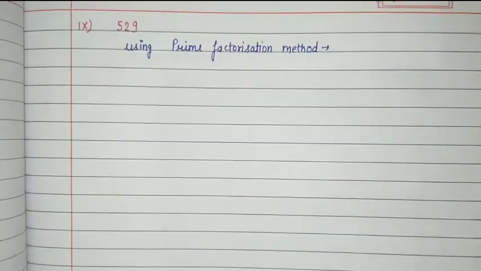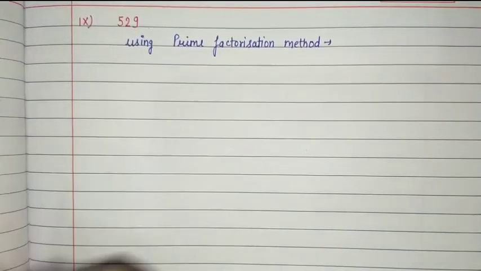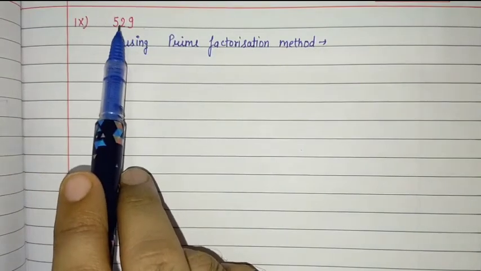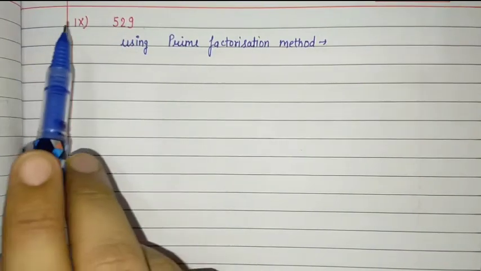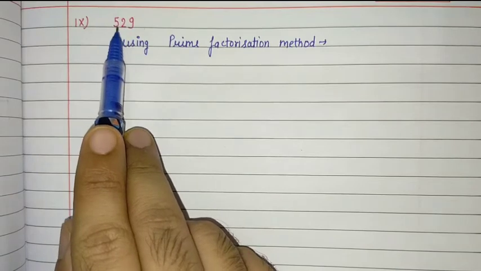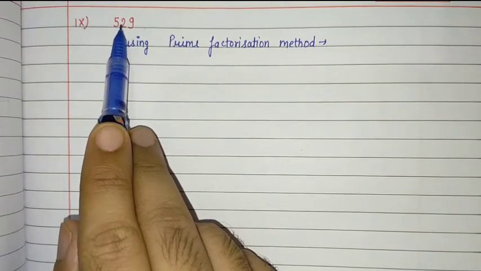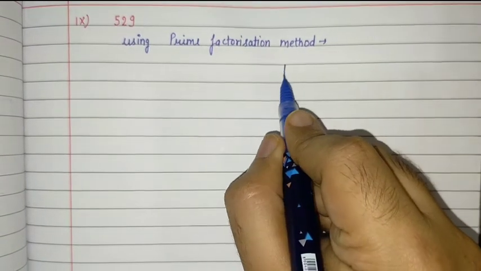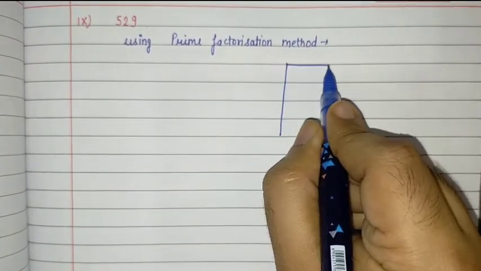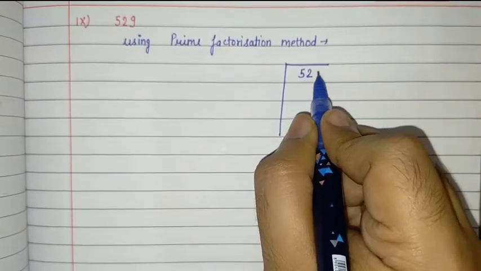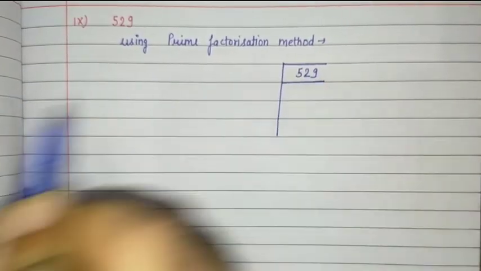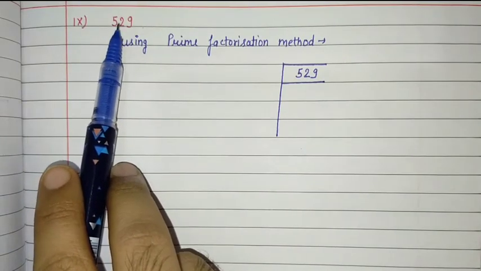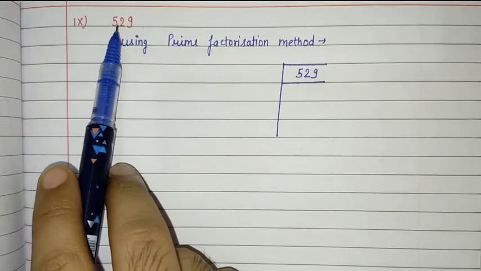Now for this part, if you check 529, it is not divisible by 2. The sum of the digits is 5, 2 and 9, which is 16. That is also not divisible by 3. So do the prime factorization here. 529 is not divisible by 7, and it is not divisible by 11.